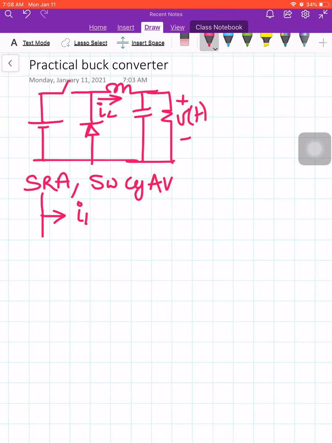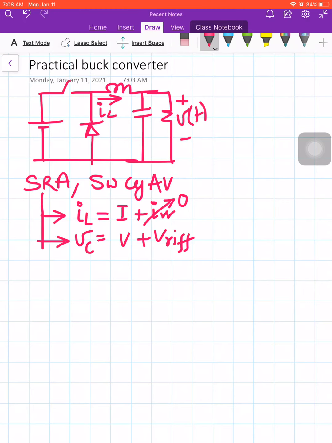We can replace the continuous variables like iL and the voltage across the capacitor with a DC component plus some small ripple which can be approximated to 0. So the ripple current and the ripple voltages can be ignored, and we do the analysis as we have done previously.